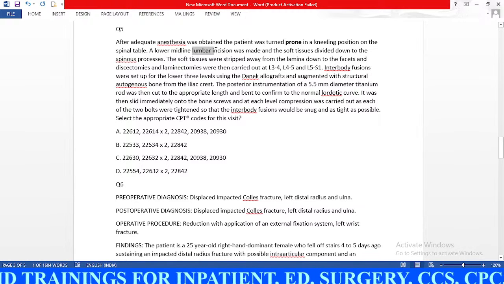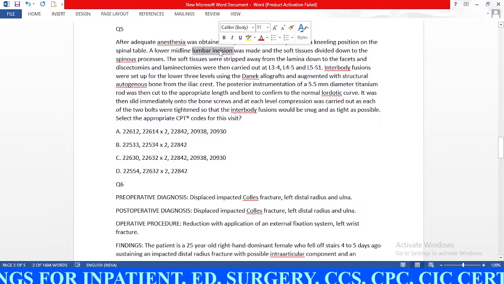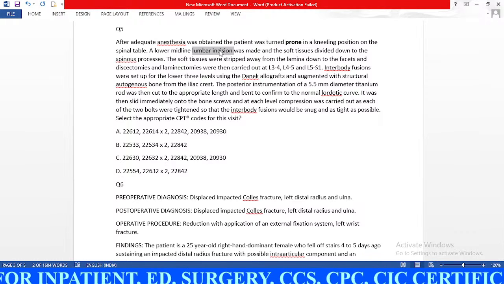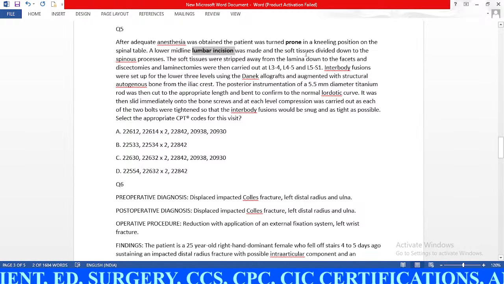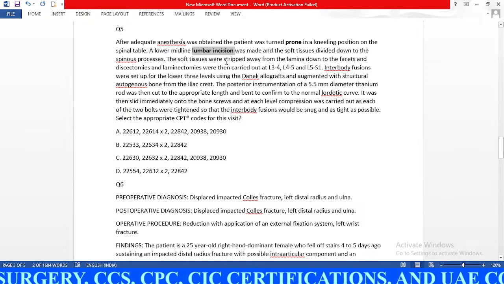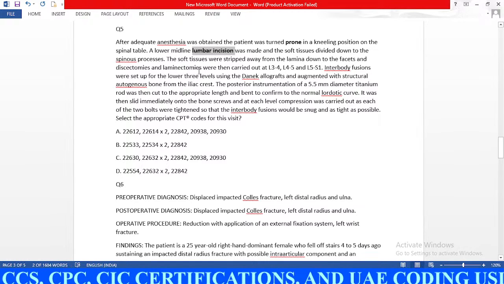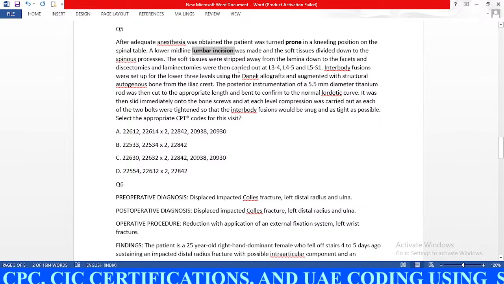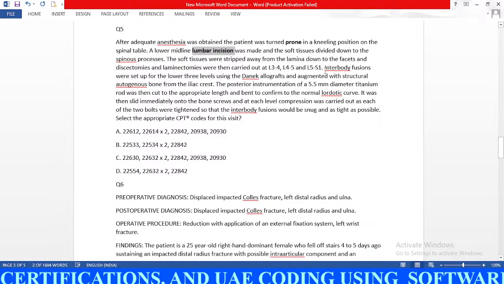We need to check the spine location also, whether the physician is performing surgery at the lumbar, thoracic, or cervical region. Here the lumbar region incision was made and the soft tissues divided down to the spinous process. The soft tissues were stripped away from the lamina down to the facets, and discectomies and laminectomies were then carried out at L3 to 4, L4 to 5 and L5 to S1.